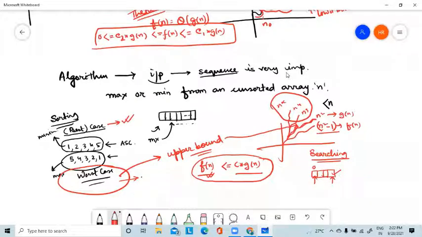It means in worst case, this is the minimum time required for an algorithm. So if I propose another algorithm, which will take in worst case less than this minimum time, then I will say that this algorithm is the best one. Is it clear or not?